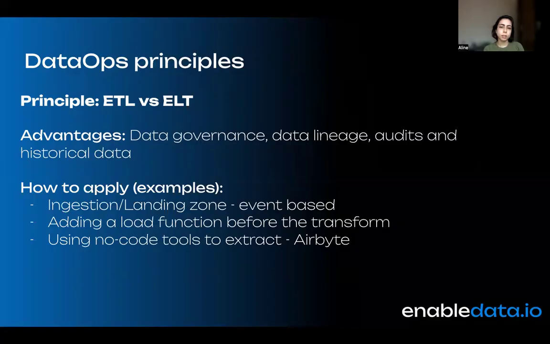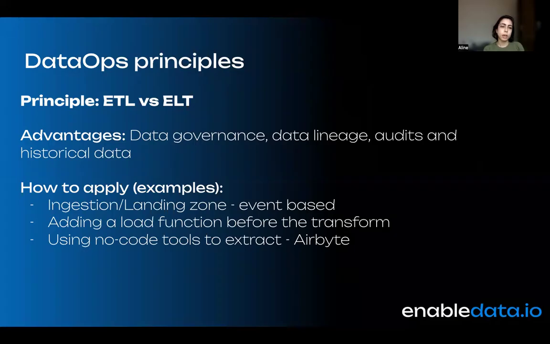And how to apply this in an event-based system? For example, if you're ingesting data from Kafka, you can have an ingestion or landing zone where the data will be arriving in its raw state, and then you have the whole data kept there before you transform.